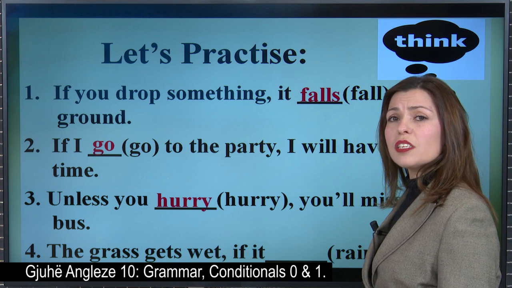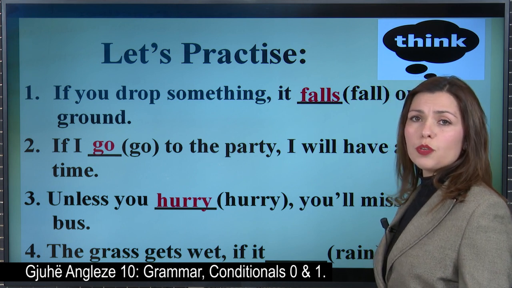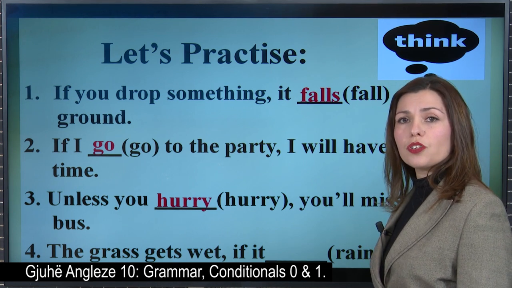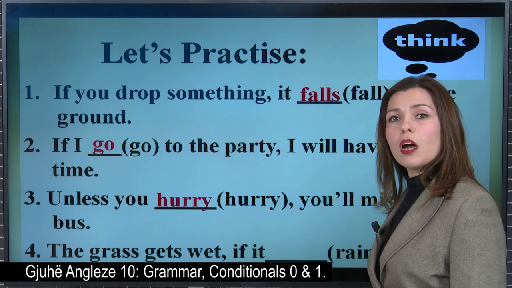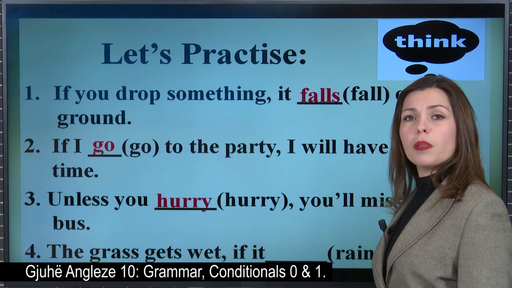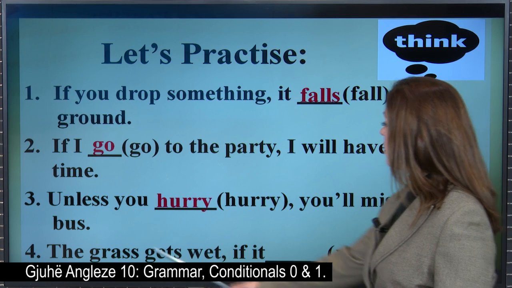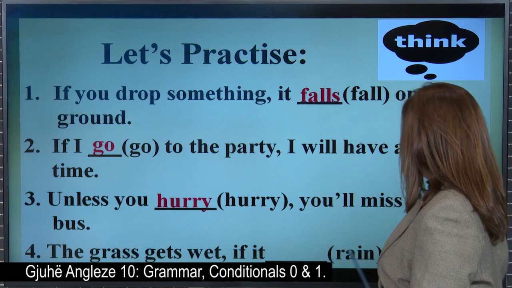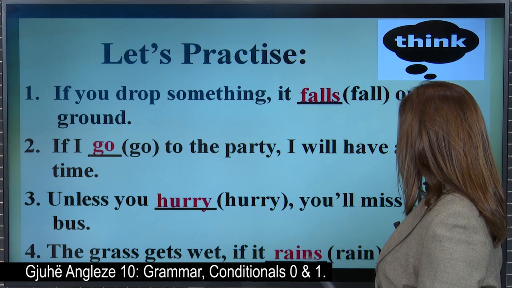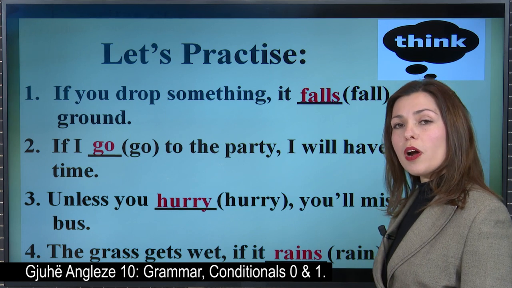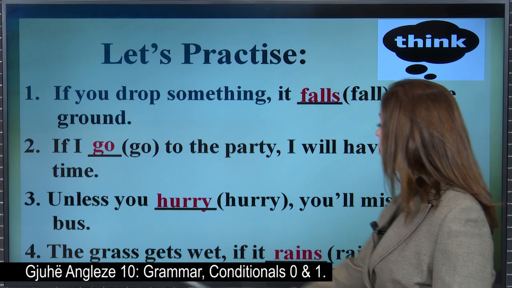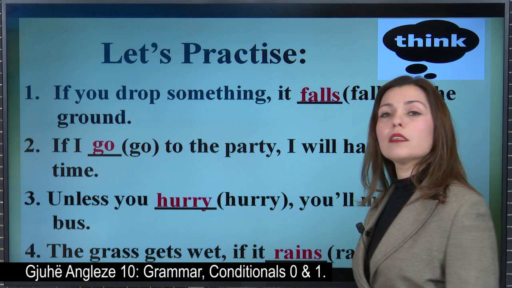So, since it is a fact, it means that you are going to use the zero conditional. And what are we going to use? If plus present simple, that it's here. So, if it rains. And the second part, present simple, the grass gets wet.